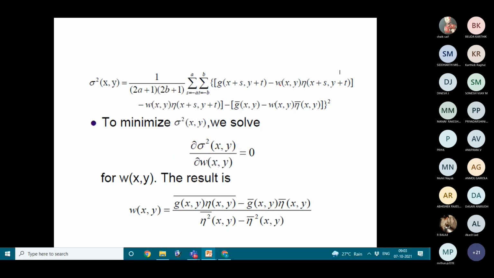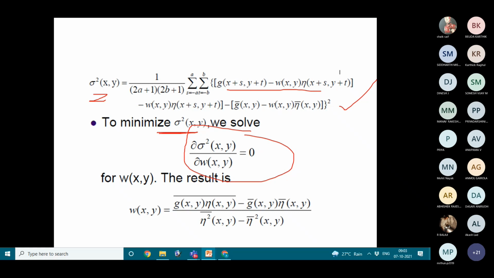If we take it further, substituting F cap here as G minus W into eta, the equation will become like this. Here, what we have to do is minimize the variance. For minimizing the variance, we compute dou sigma square with respect to dou W, perform the differentiation, and make it equal to 0.